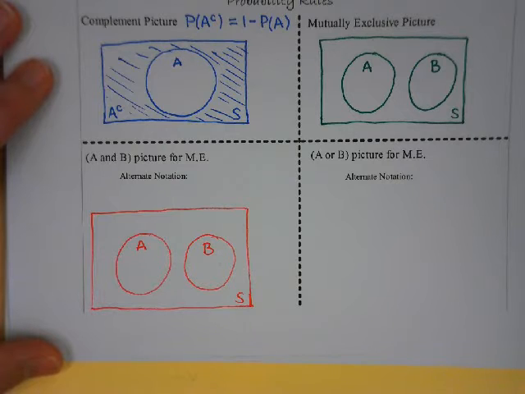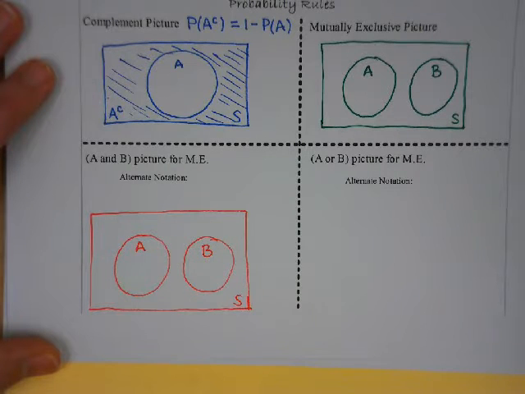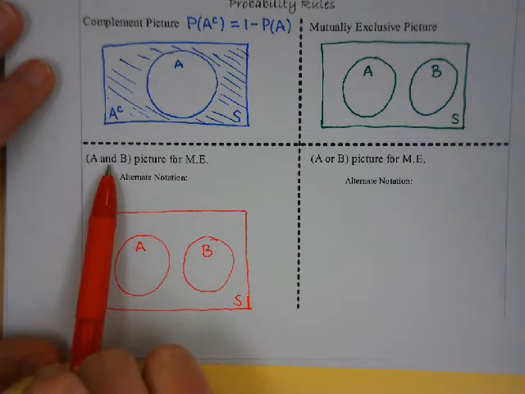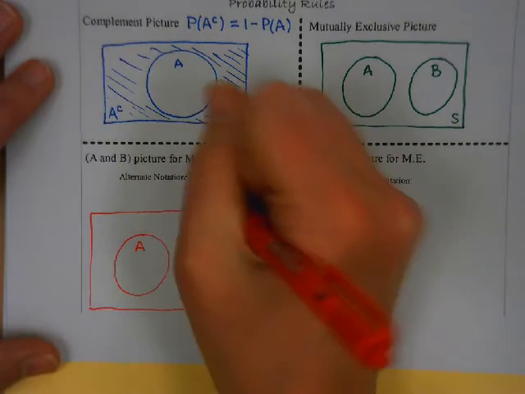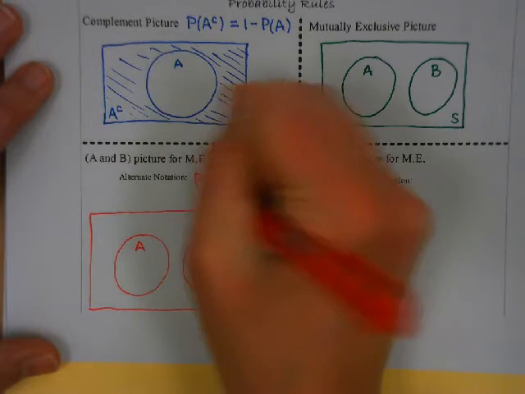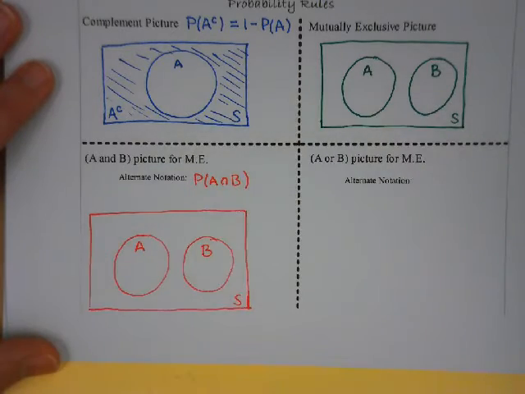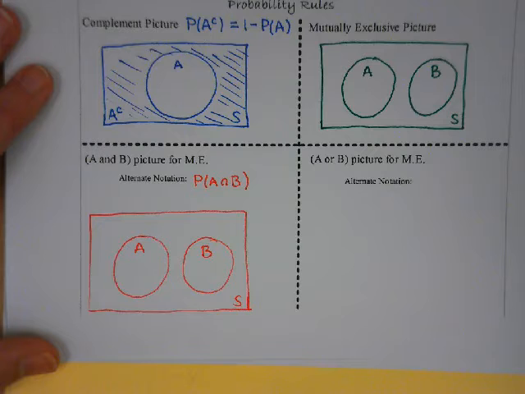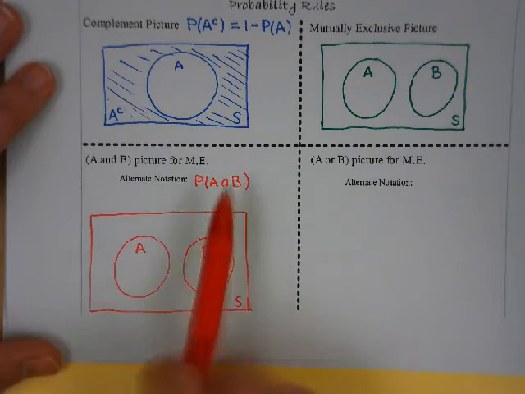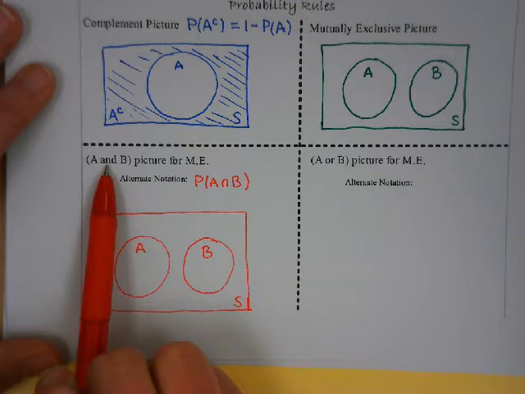So mathematicians, I'm pretty sure I've said it to you guys, they're inherently lazy, and writing out the word and takes too much work. So there is an alternate notation for this, and it's A ∩ B. It's like an upside down U. I suppose you could think of it as an N, and actually that's how I remember it means and, because it looks like N in the middle of and.